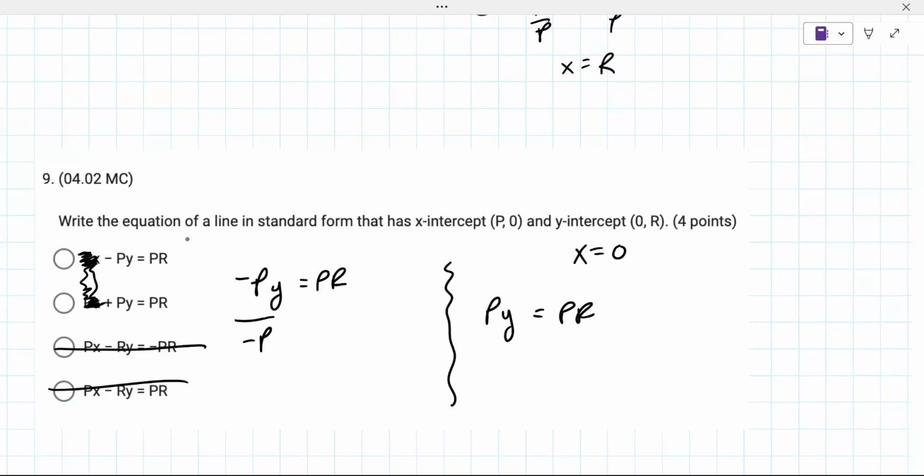So for example, on the left here, you're dividing by minus P. On the right here, you're dividing by P. So it gives you R's.